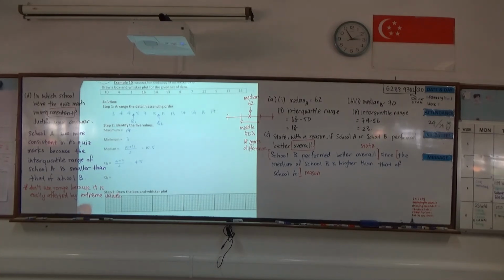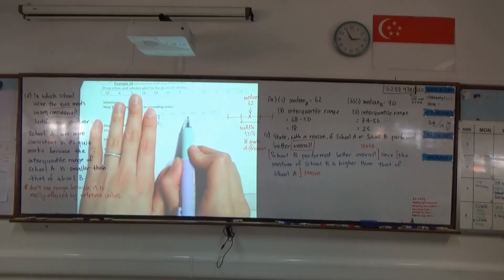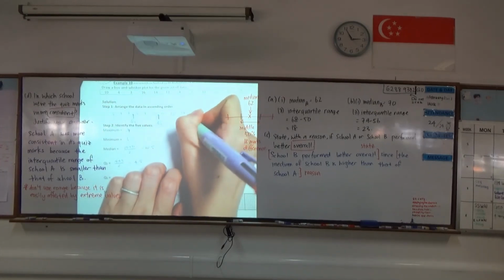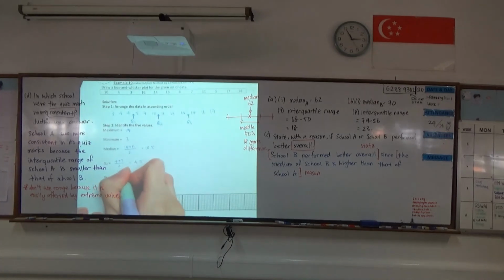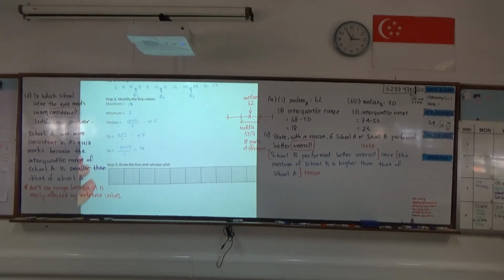Upper quartile? 14. Looking at this set of data here, the middle is here, so 14 plus 14 divided by 2 is 14. So we need to gather this data, then we can draw the box and whisker plot.